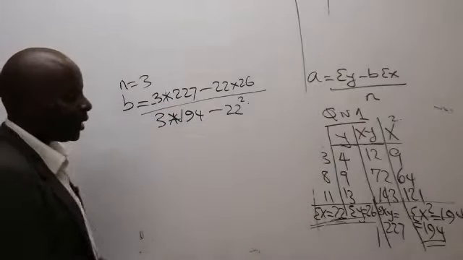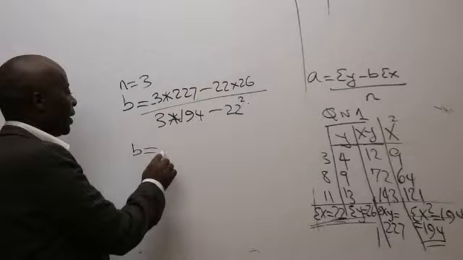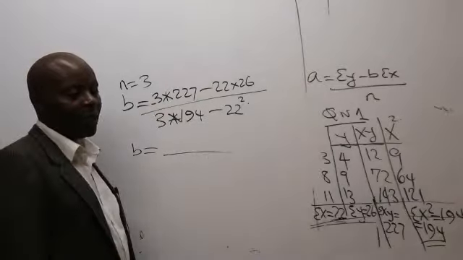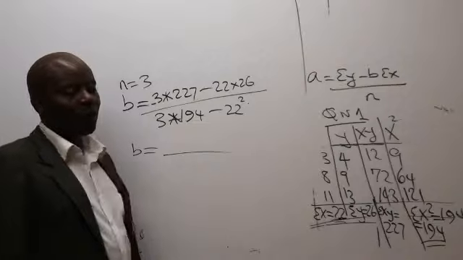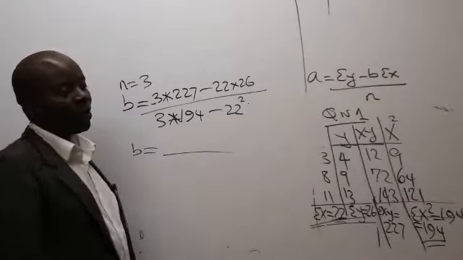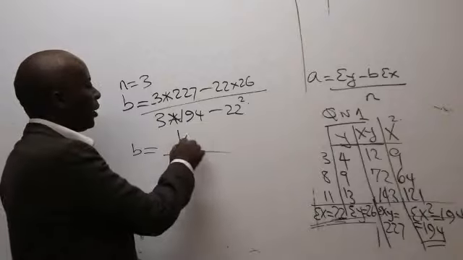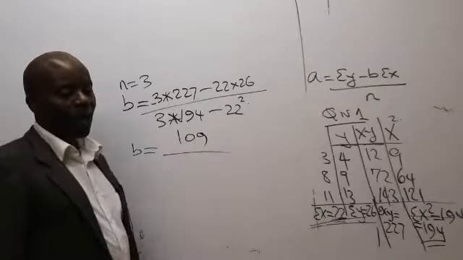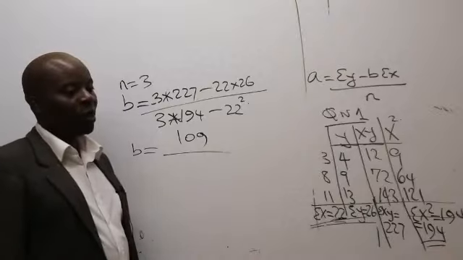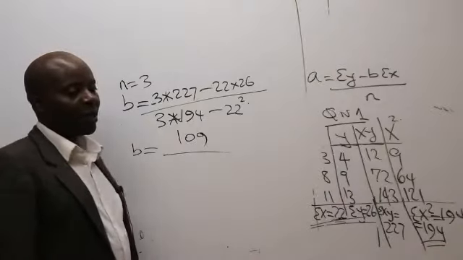What figure are we getting here? B equals, so the numerator will be 3 times 227 minus 22 times 26, which is 109. Thank you very much. All over 3 times 194 minus 22 squared.